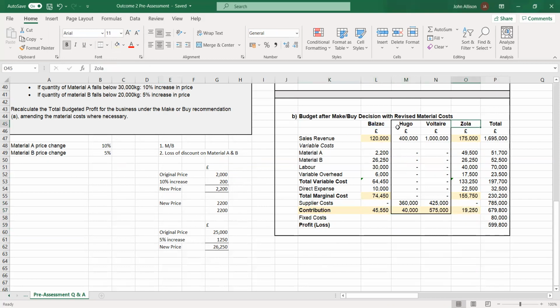I think we should then have contribution for all of the 4 products. Balzac and Zola are got by sales revenue, take away the total marginal costs, and the difference this time is material A and material B had increased. A had increased by 10% and B had increased by 5%. But I've done it just the same way as always. For Hugo and Voltaire, we take the sales revenue, take away the supplier costs to get the contribution.